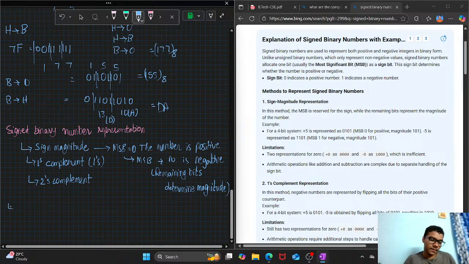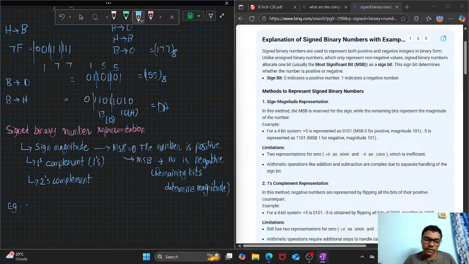Let's look at an example, right? Let's say you got a 0, 1, 0, 1. So leave this MSB. This MSB means it is positive, and look at the remaining magnitude. So this is 1, 2, 4. 4 plus 1, that is 5. And now let's say you got 1, 1, 0, 1. Leave this 1, this means it is negative, and again 1, 0, 1 means 5.